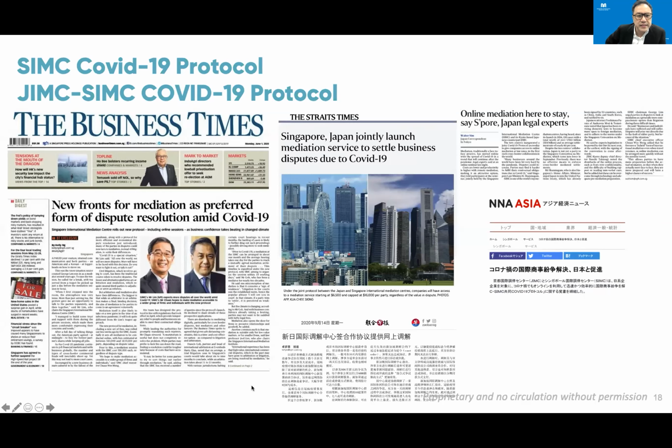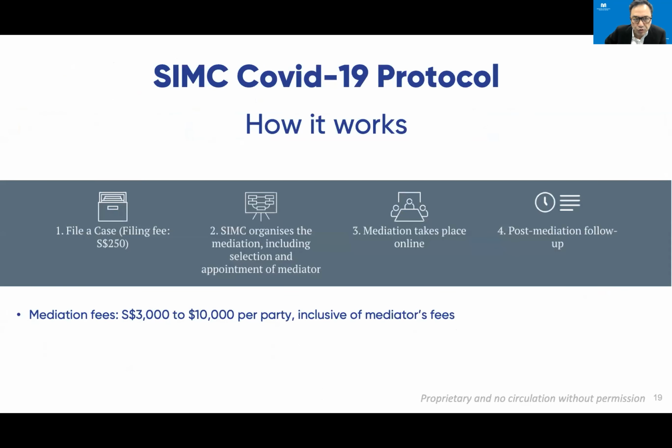And in the next chart, you will see that we have launched the SIMC COVID-19 protocol, where the entire mediated settlement is done online, from case filing to the mediation to preparation, any follow-up, etc. And you will see, probably most pertinent to the participants here, how inexpensive it can be. It can be anything from $3,000 to $10,000 depending on the dispute value per party. And of course, this is also flexible based on the complexity as well as who are the mediators involved.